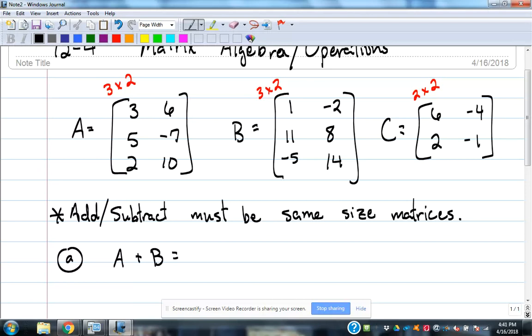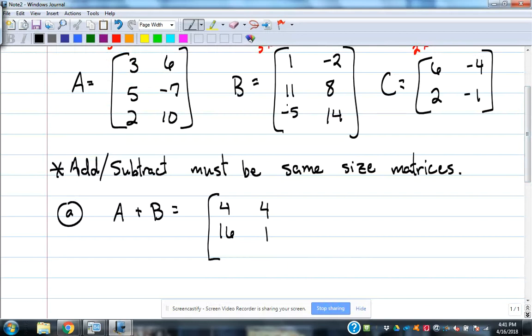So we're going to get a 3 by 2 back. So it's 4, 6 plus negative 2, 4, 5 plus 11, 16, negative 7 plus 8, 1, 2 plus negative 5, and then 10 plus 14, 24. So we get a 3 by 2 back.